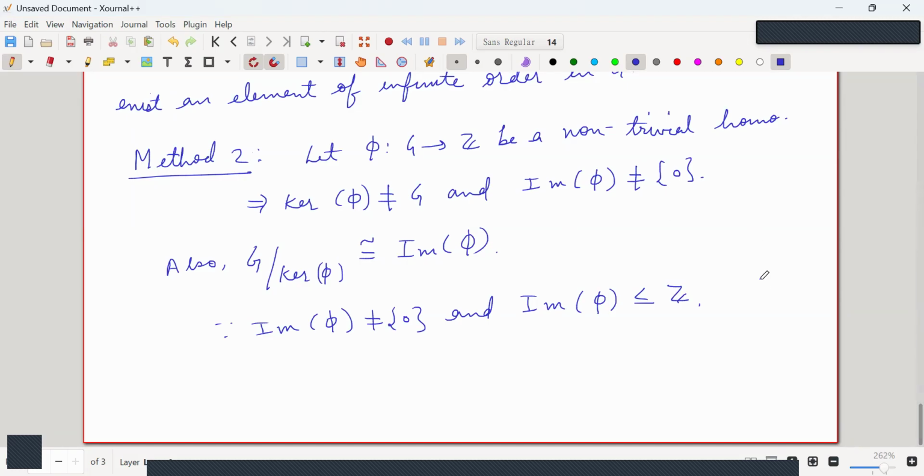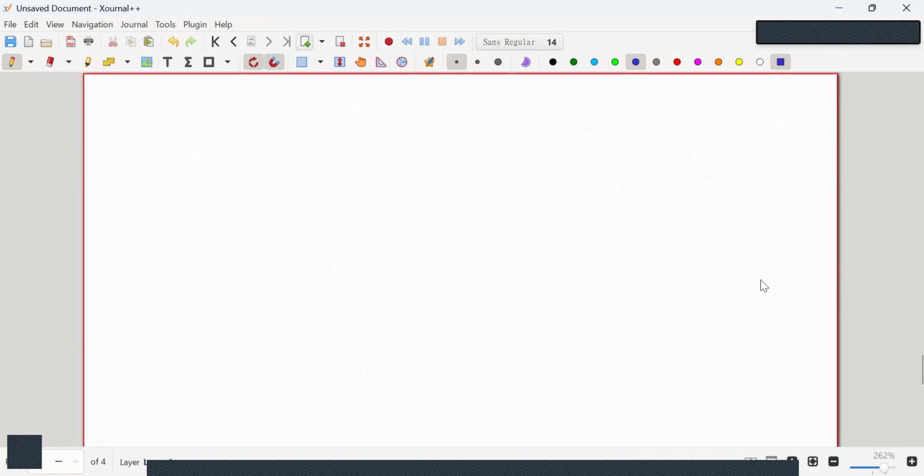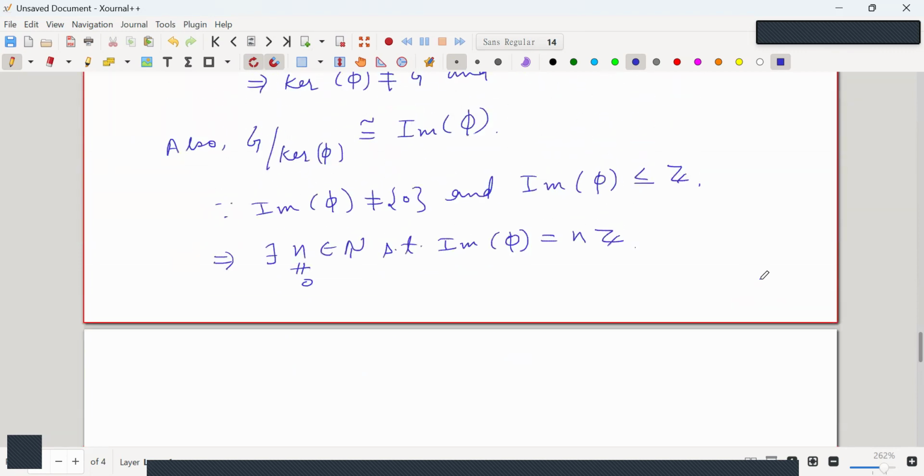So what does this mean? This means there exists n not equal to 0, n belongs to N, such that image of phi is equal to some nZ. Clear? Because these are the only non-trivial subgroups of Z. And this will imply that G mod kernel phi is isomorphic to nZ, right?